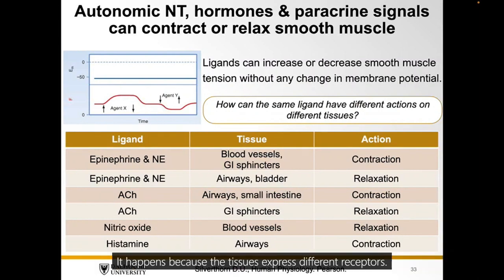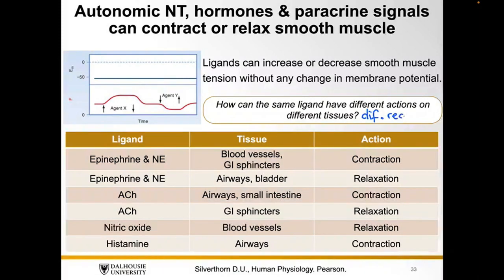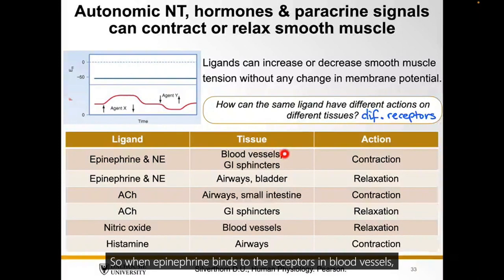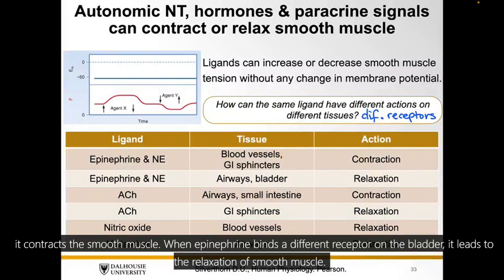It happens because the tissues express different receptors. So the blood vessels would have different receptors than the bladder, for instance. So when epinephrine binds to the receptors in blood vessels, it contracts the smooth muscle. When epinephrine binds to a different receptor on the bladder, it leads to the relaxation of smooth muscle.